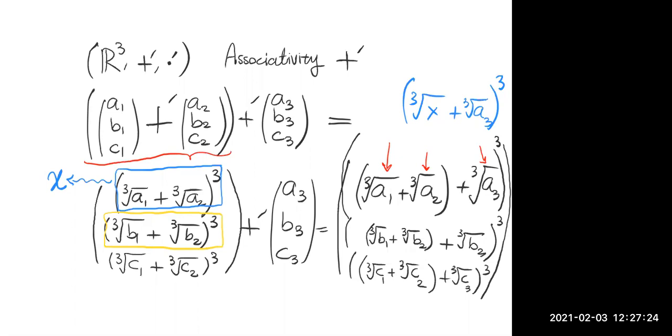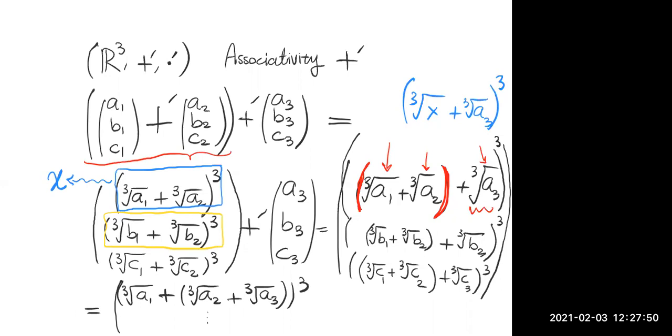So if I first add these two numbers and then look at this third one, it would be equal to this other thing, where first I add the third root of A2 to the third root of A3, and then add the third root of A1. They are equal. Same thing holds for the second and third components, okay?